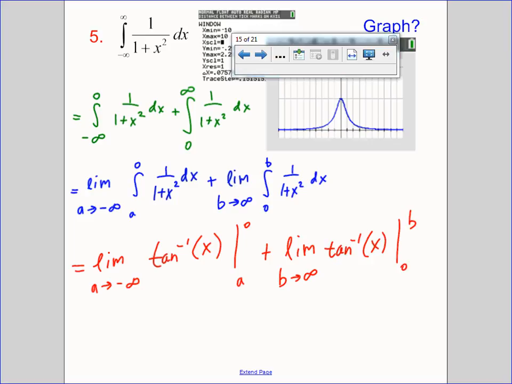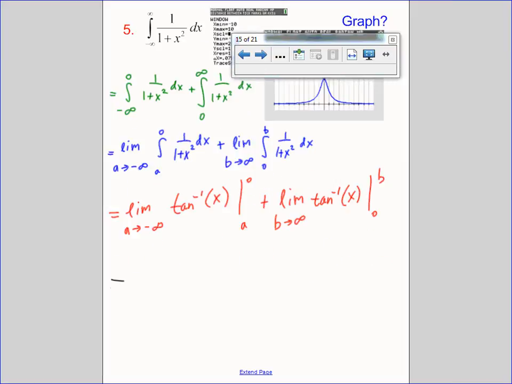Oh gosh, I think we need a couple more still. So this becomes inverse tangent of 0 minus inverse tangent of a, and I need the limit.